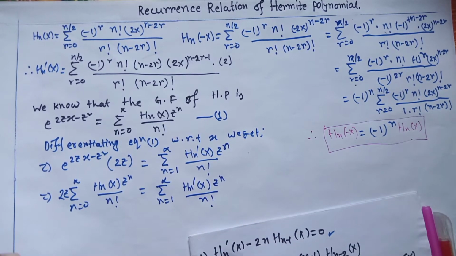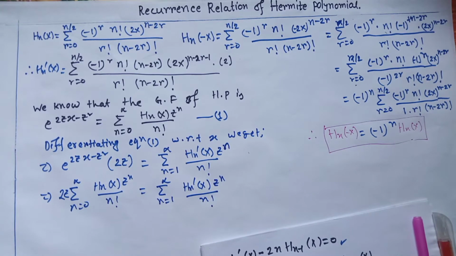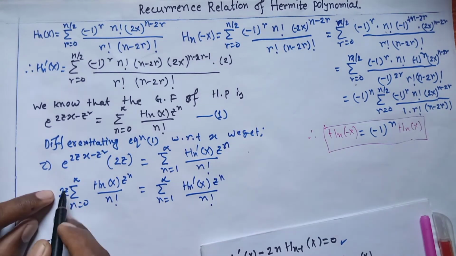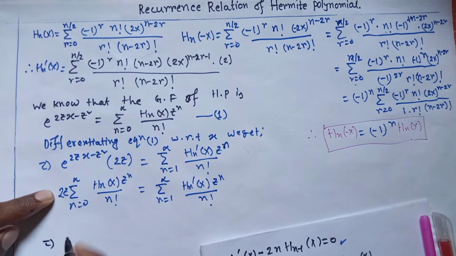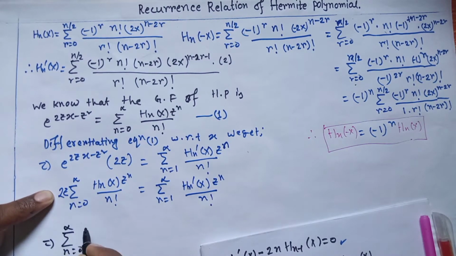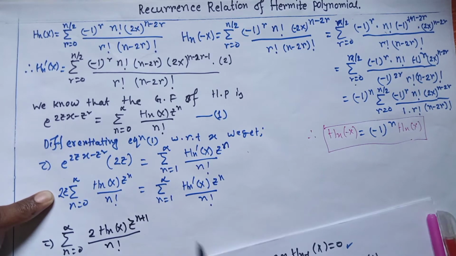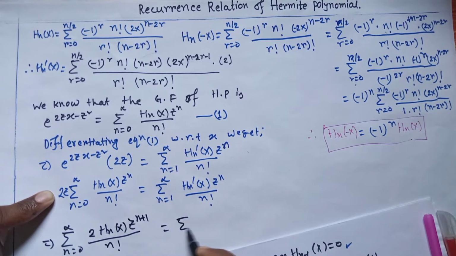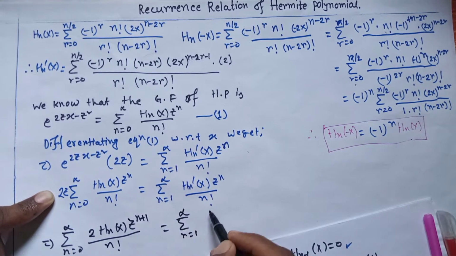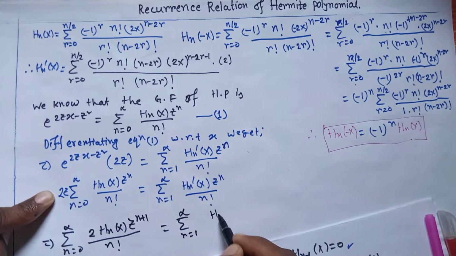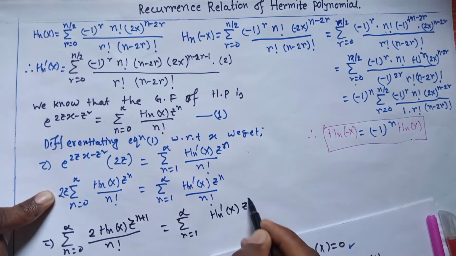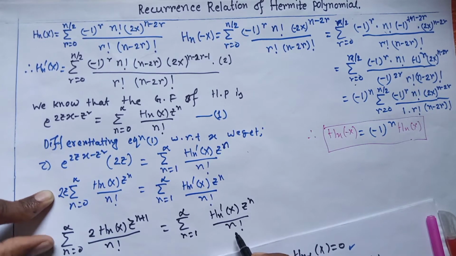Then we see z power 1, we can write this as summation n equals 0 to infinity 2 into Hn of x z power n plus 1 divided by factorial n, equals summation n equals 1 to infinity Hn dash x z power n divided by factorial n.